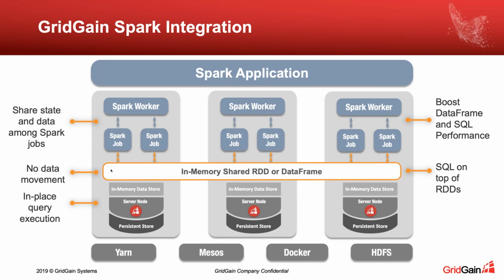So the idea here is pretty simple. Spark for GridGain is just one more API that can use our cluster as a storage. And that actually simplifies things: if you already use Spark in your applications, in your software stack, then migration to or usage of Ignite and GridGain will be simple for you.